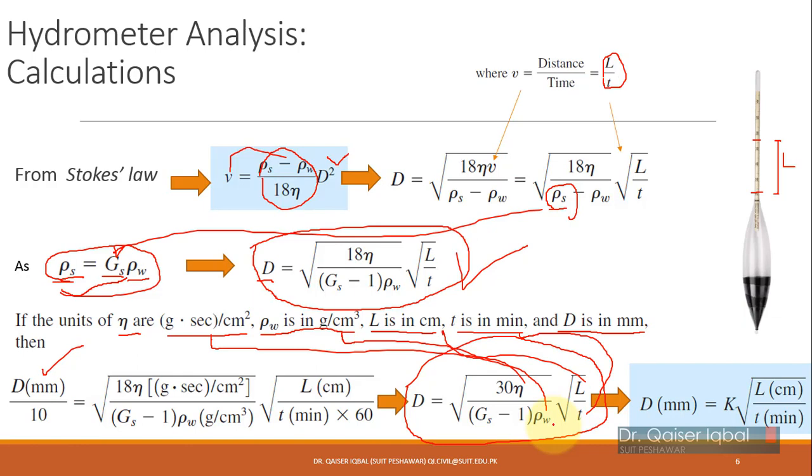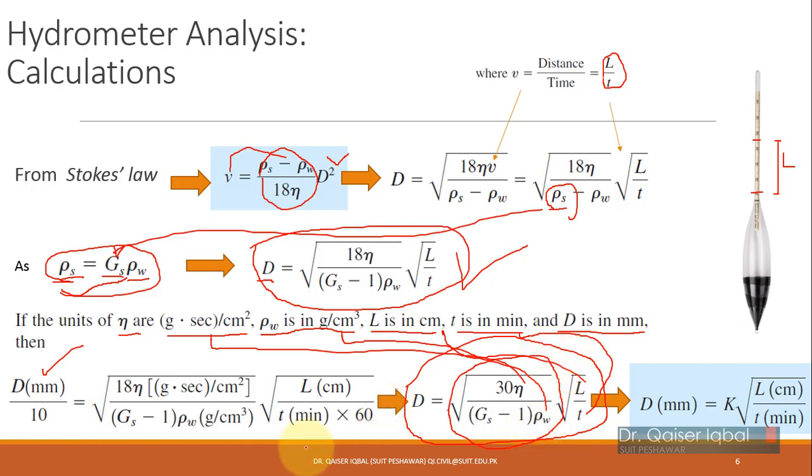Now, on this side all of these are constant at a given temperature and time. For any given water sample the viscosity will be constant, the specific gravity of soil solids will be constant for that soil sample, and the unit weight of water is also constant.